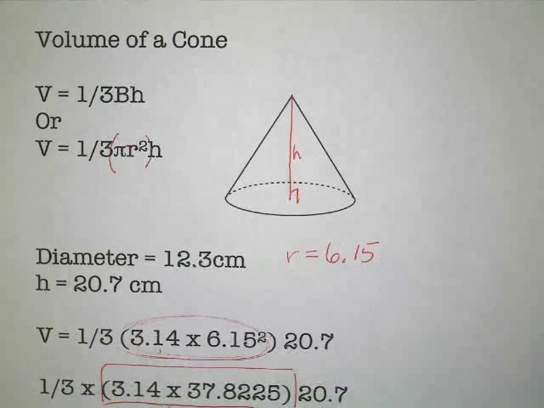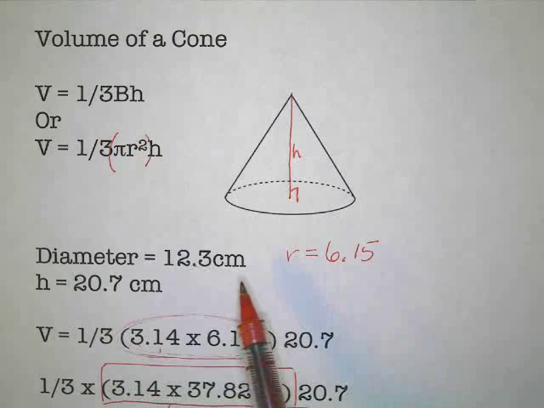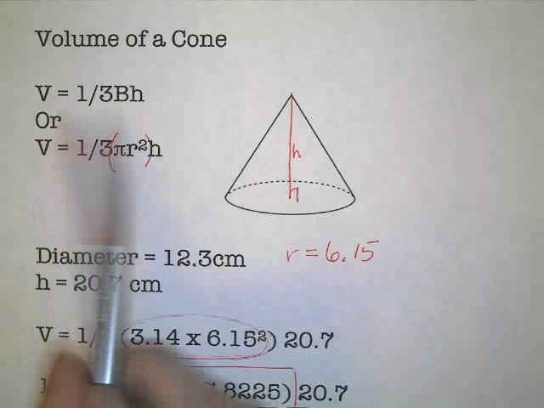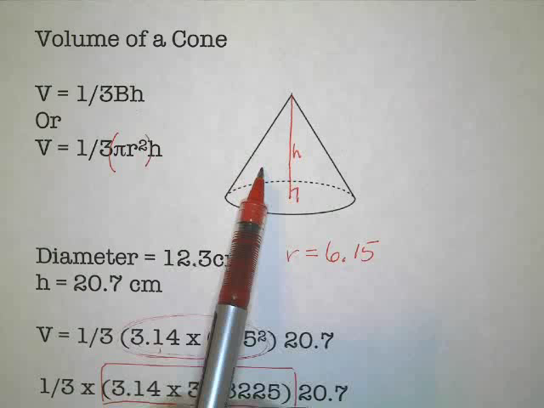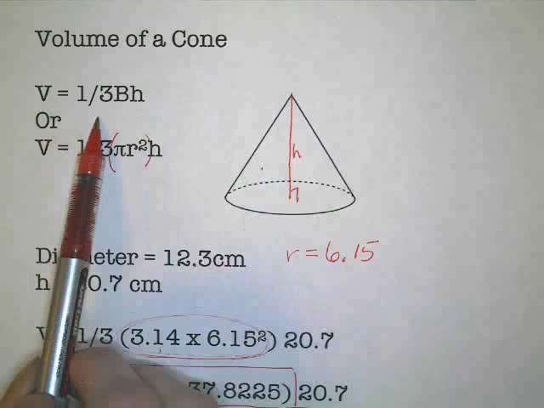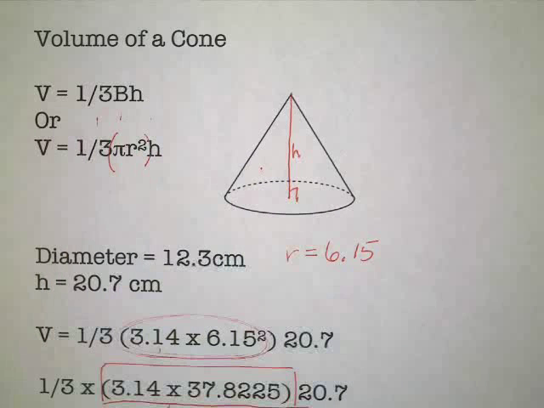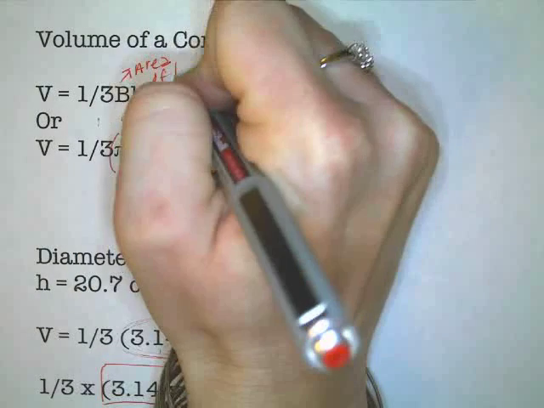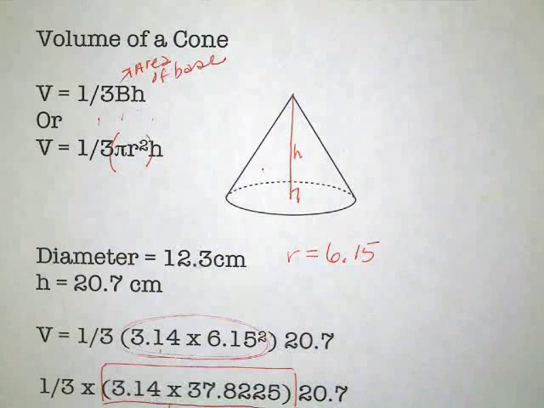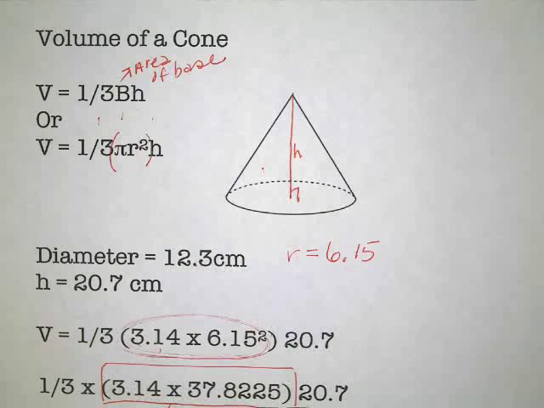So all you're doing is taking numbers and plugging them into an equation. A cone and a pyramid are a third of your area times your height. Because doesn't B equal area of base? Yeah? Questions?